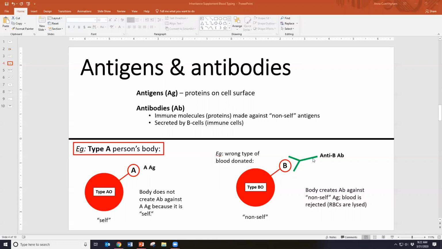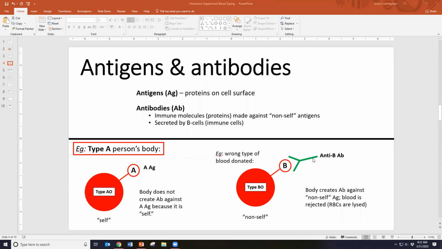Antibodies sort of look like a Y structure, so we always draw it like that. Your body will always have antibodies created to the blood types that are the opposite of yours. For example, if you had type A blood in your body, you already have type B antibodies, right? So they exist. Your body has already created antibodies that recognize something that is bad.